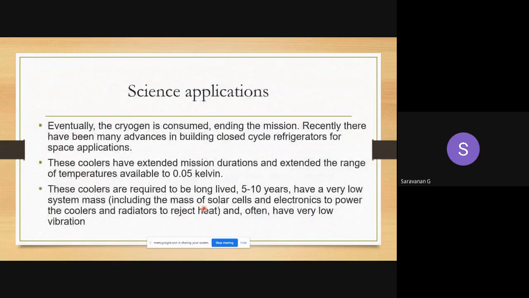Apart from that, we have to avoid the consumption of this cryogenic fluid. For that, we use closed cycle refrigerant systems to cool down to 0.05 Kelvin, very extreme low temperatures, and the life has to be increased so that it can operate for 5 to 10 years. These systems have very low mass and very low vibrations.